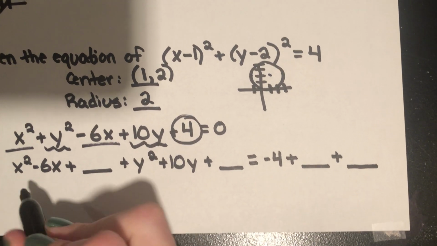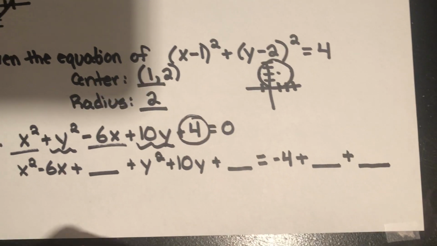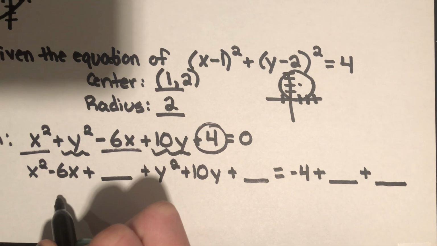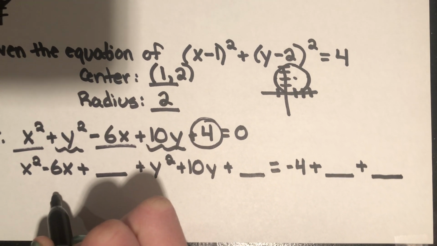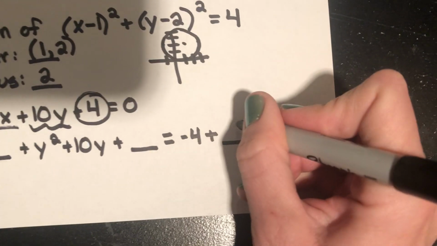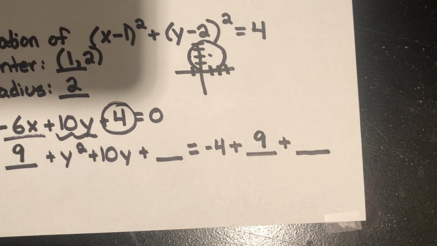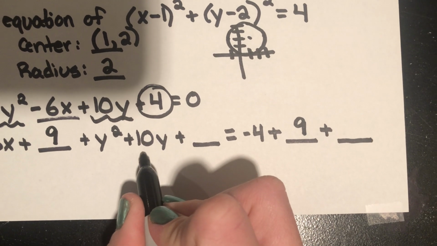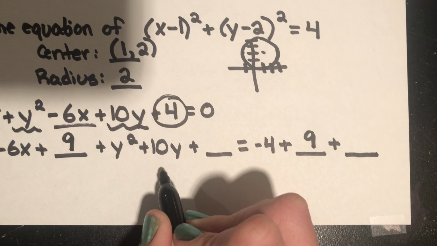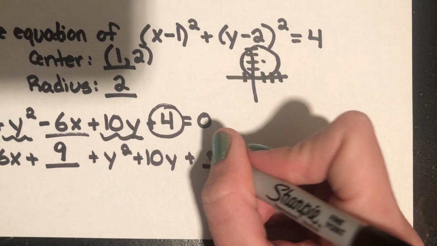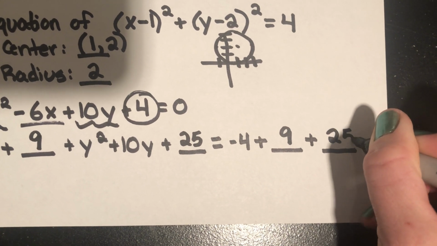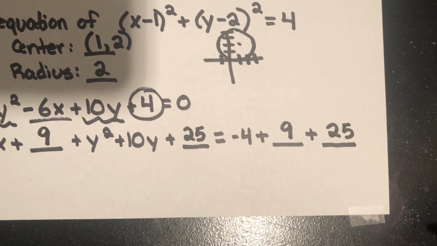Using the steps from the previous video, negative 6 divided by 2 is negative 3, and negative 3 squared is 9, so I add 9 to both sides. For the y values, 10 divided by 2 is 5, and 5 squared is 25. I add that to both sides of the equation.